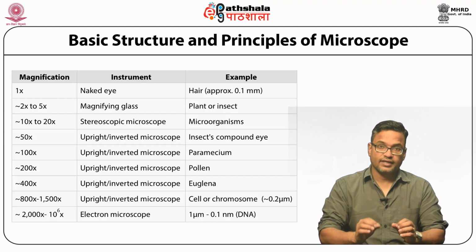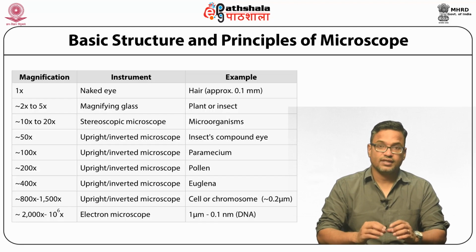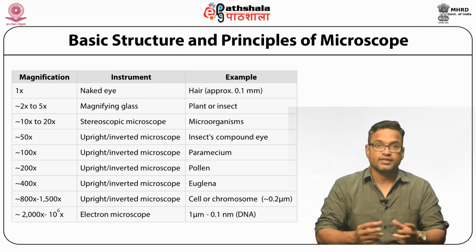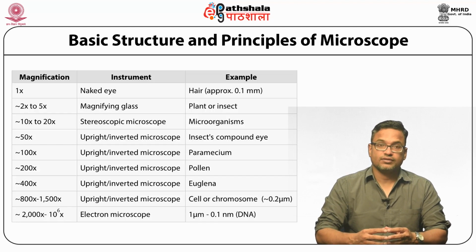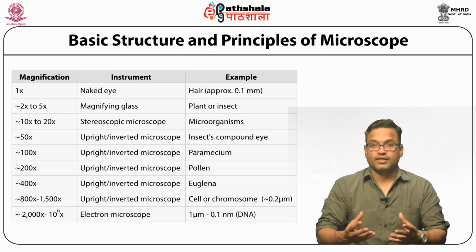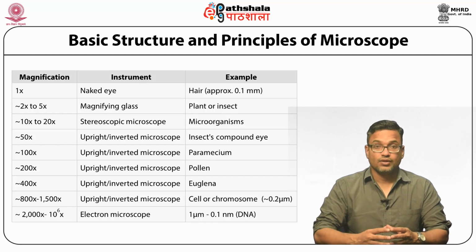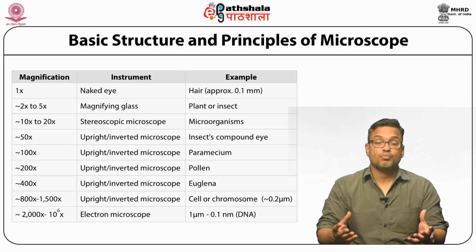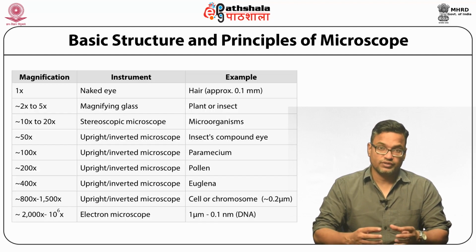The insect eye is a combination of multiple lenses, and those lenses we can easily visualize using 50x magnification. With an upright microscope and 100x magnification, we are looking at either bacteria or paramecium. At 200x we are trying to understand how pollen looks in terms of its structure and outer outline as well.